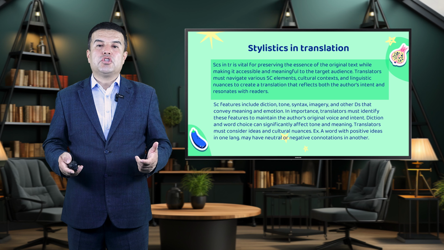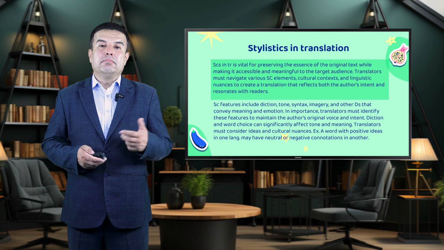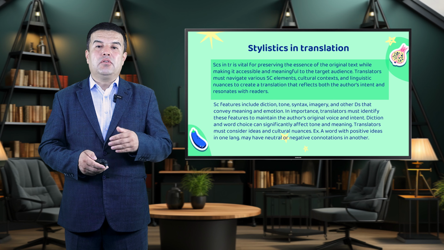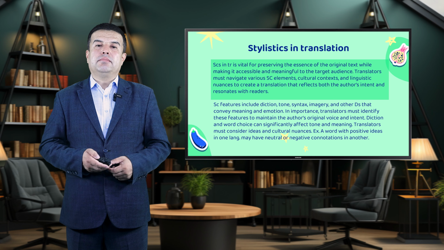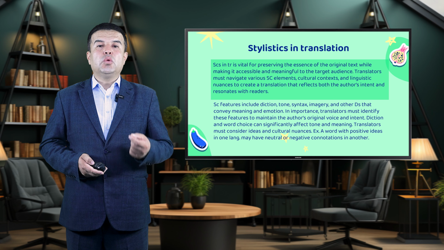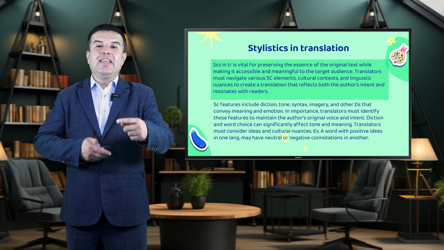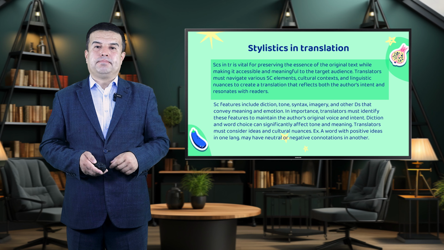Diction and word choice can significantly affect tone and meaning. Translators must consider ideas and cultural nuances. For example, a word with a positive idea in one language may have a neutral or negative connotation in another.